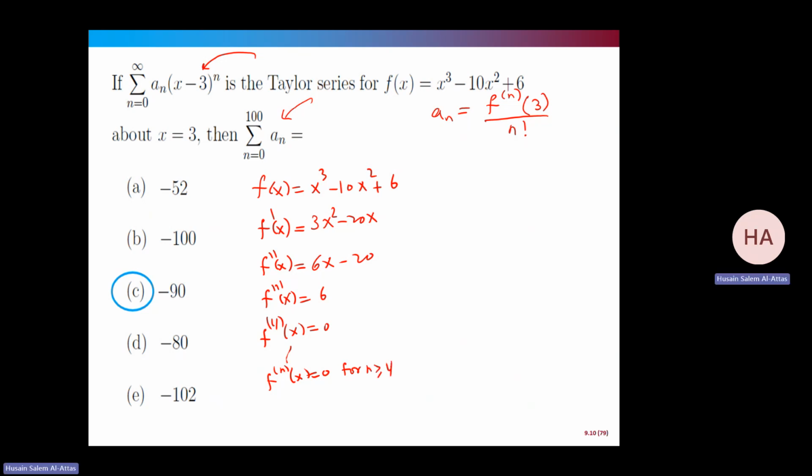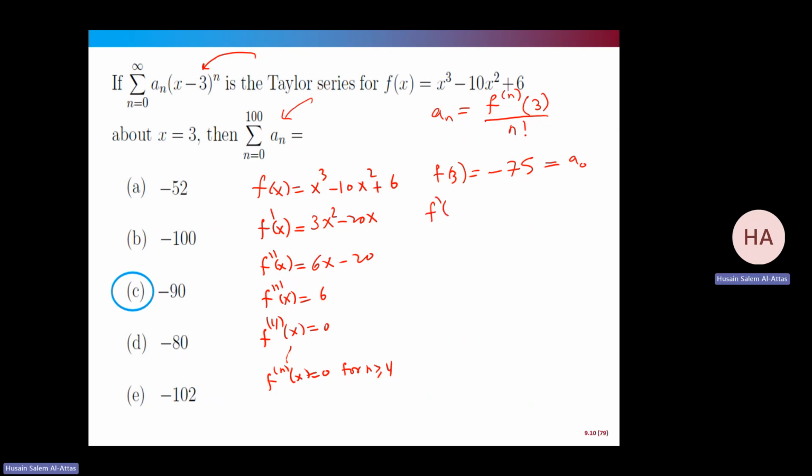Okay. Now I think things are going clear. F of 3, yeah, I need to do the calculation now. 9 plus 6, yeah, 15 minus 90, minus 75. That will be a_0.